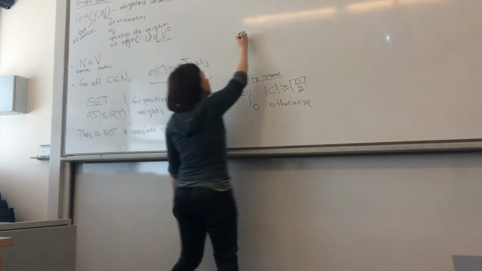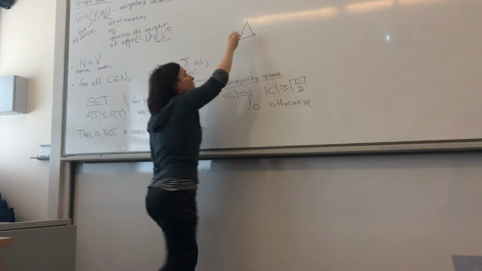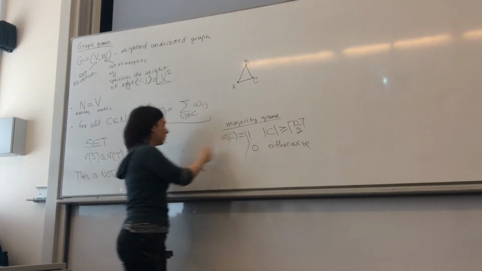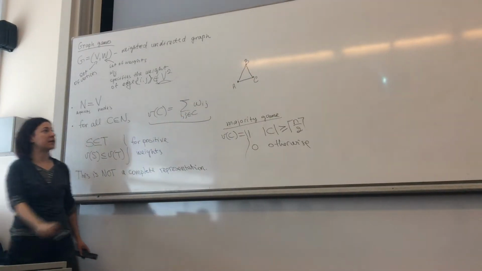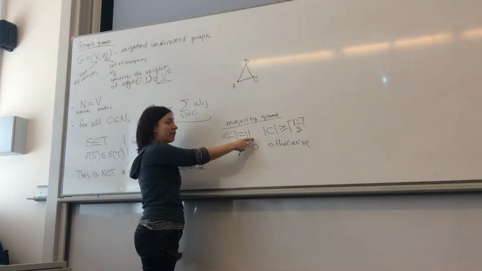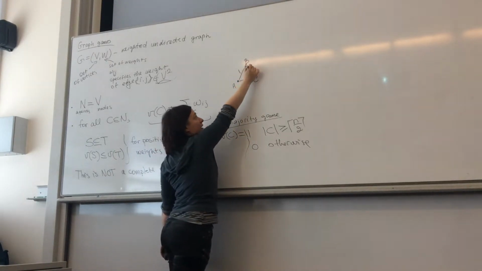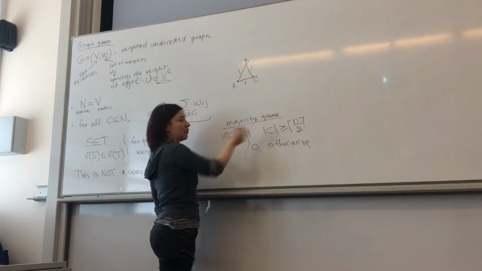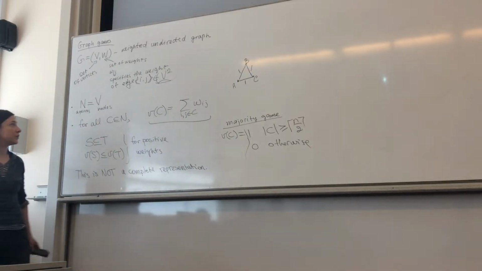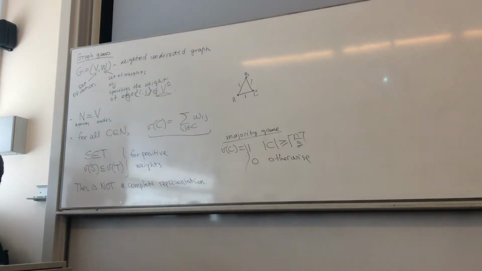If you look at 3 agents, for instance A, B, and C, what weights would you give to them so that they represent the game in this way? Any pair of agents must have the value of 1, so the value of each edge must be 1. But then the value of the total coalition will be 3, and we only want 1.